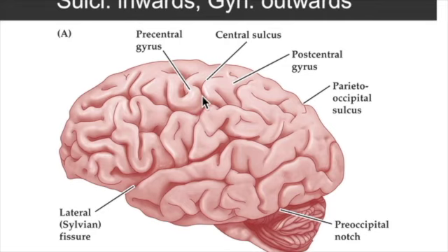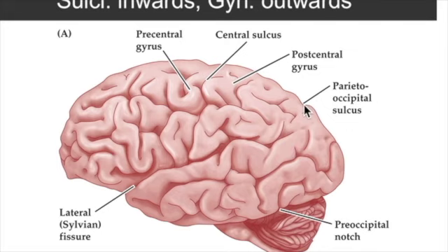So the precentral gyrus is immediately anterior to the central sulcus. And then, of course, the postcentral gyrus, in contrast, is the outward fold, or gyrus, that is immediately after, or post, the central sulcus.